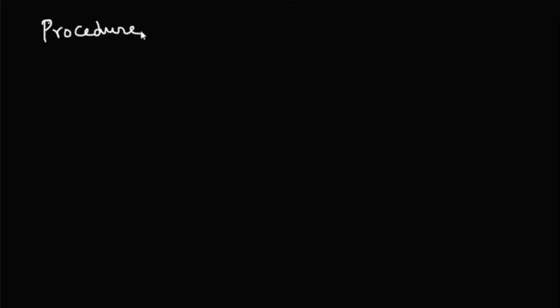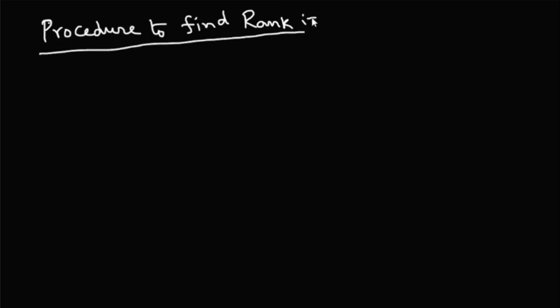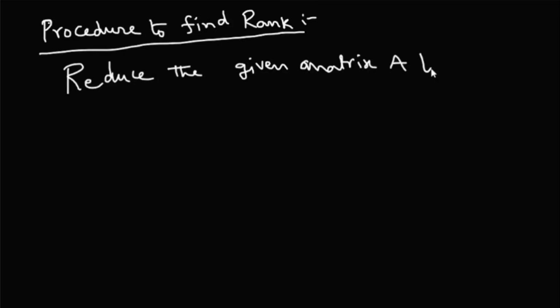Procedure to find the rank of a matrix. Reduce the given matrix A to its echelon form. Echelon form, first of all.